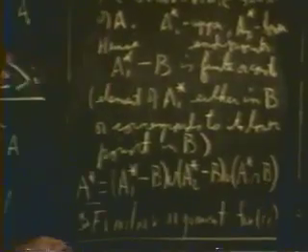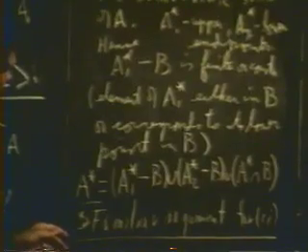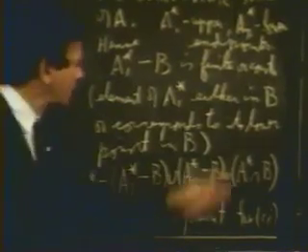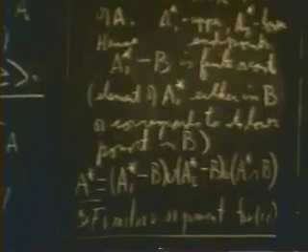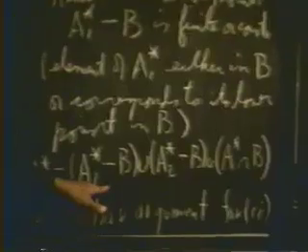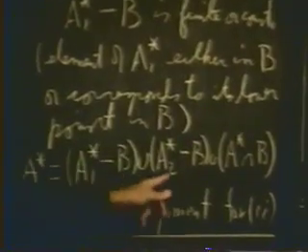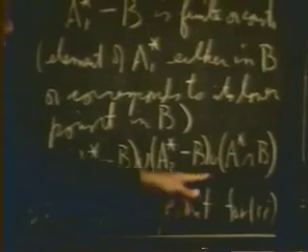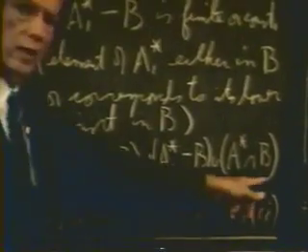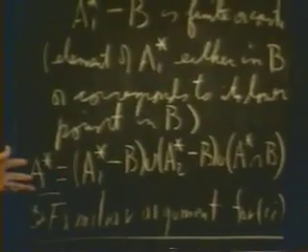And secondly, the finite union of finite or countable sets must also be finite or countable. And A starred is the union of three sets that are finite or countable: A1 starred minus B, union A2 starred minus B, union A starred intersection B. It's easy to see that that's an exact representation of A starred.